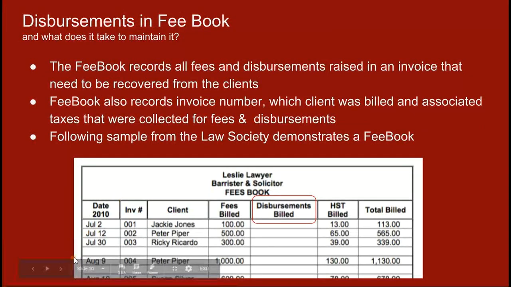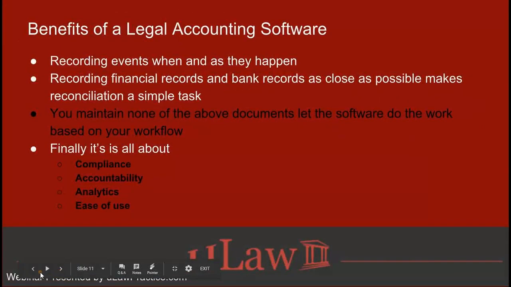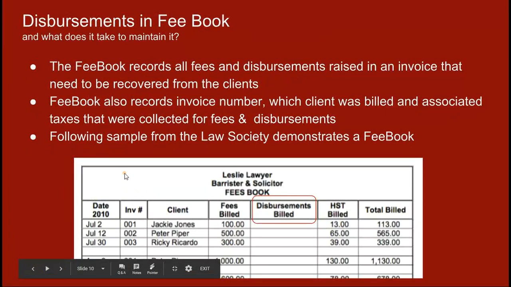I think we're looking at the end of the slide share. The last, I would say, Law Society document that would capture your disbursements is the fee book. Okay, so the fee book not only captures all the legal fees that you've generated for that particular month or time period, but it also captures all of the disbursements because it is made as part of that invoice, right?